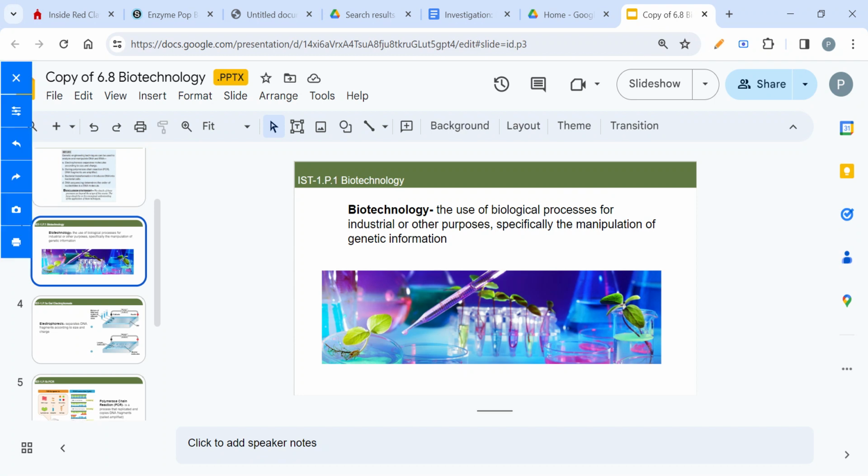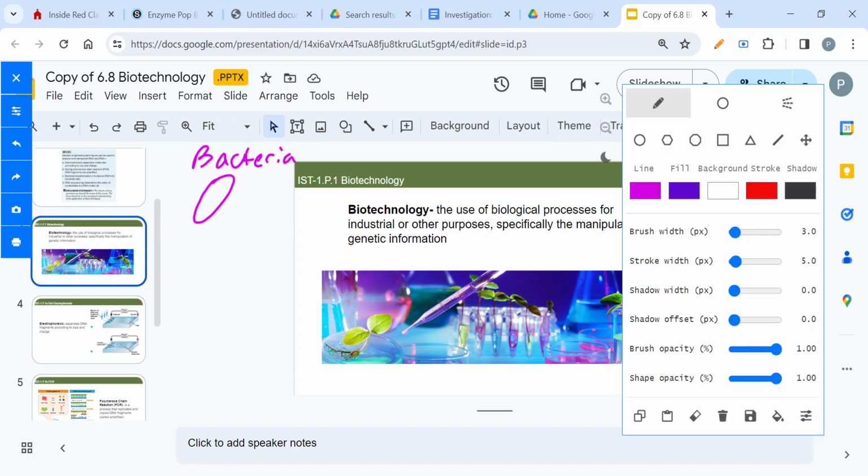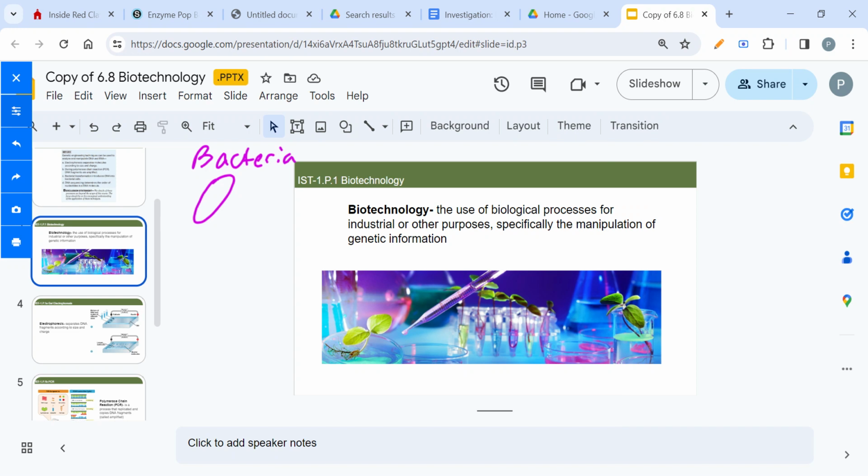So you have a bacteria right here, and let's just say a plant. In each one of these, there's going to be DNA associated with it.